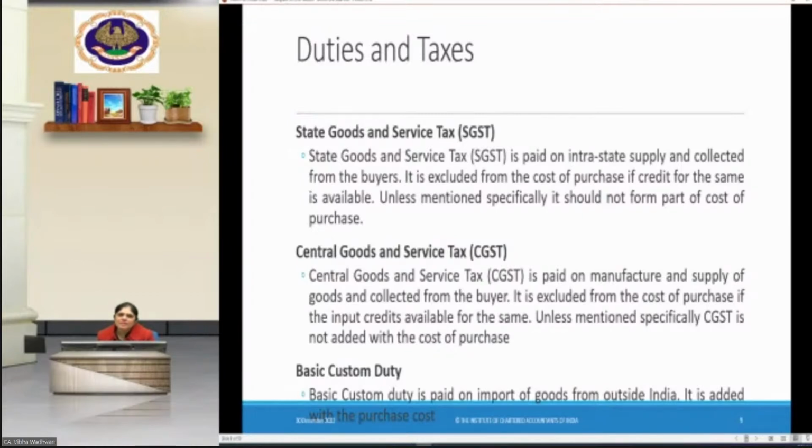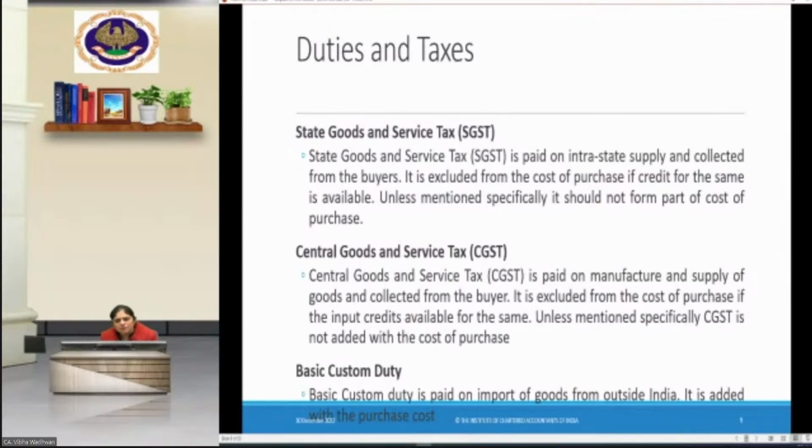Within the state, if there is a sale and purchase, we pay SGST and CGST, both components, for intra-state sale and purchase of goods and services. Again, if we have paid it on purchases, we get it back as credit, as set off. So when we are getting it back later on, we should not include it in the cost of purchase. It's not a cost of purchase for us, because we are getting it back later.